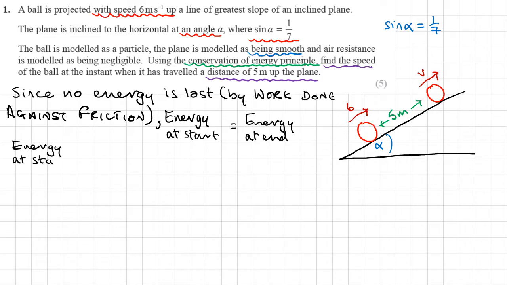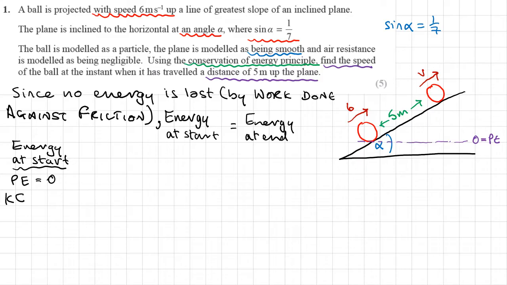Now that energy is going to be made up of potential energy and kinetic energy. So what I'm going to do is call the bottom of the slope the point of zero potential energy. So at the start, potential energy is 0.